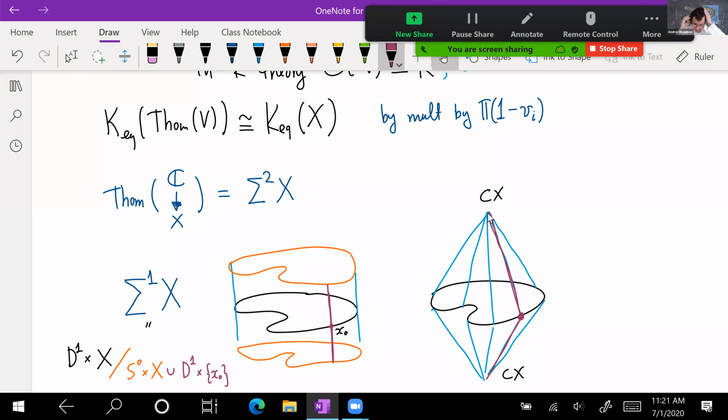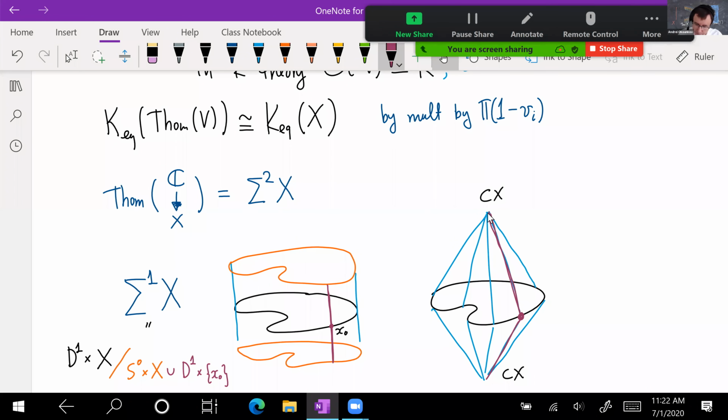So something like this you can do in any dimension. And so in particular, if this one-dimensional disk was a two-dimensional disk, this is like a boundary of a trivial disk bundle.